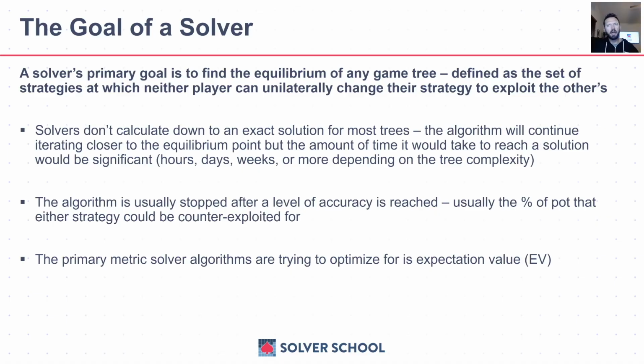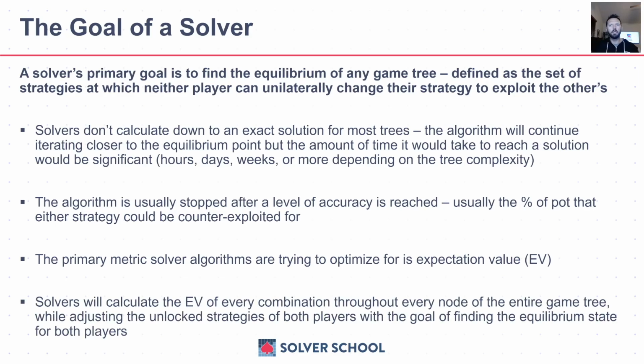The solver is trying to maximize that for both players. And the solver is going to calculate the EV for every single combination of every single hand throughout every single node of the entire game tree, while adjusting the strategies of both players with the goal of finding that equilibrium state for both players.